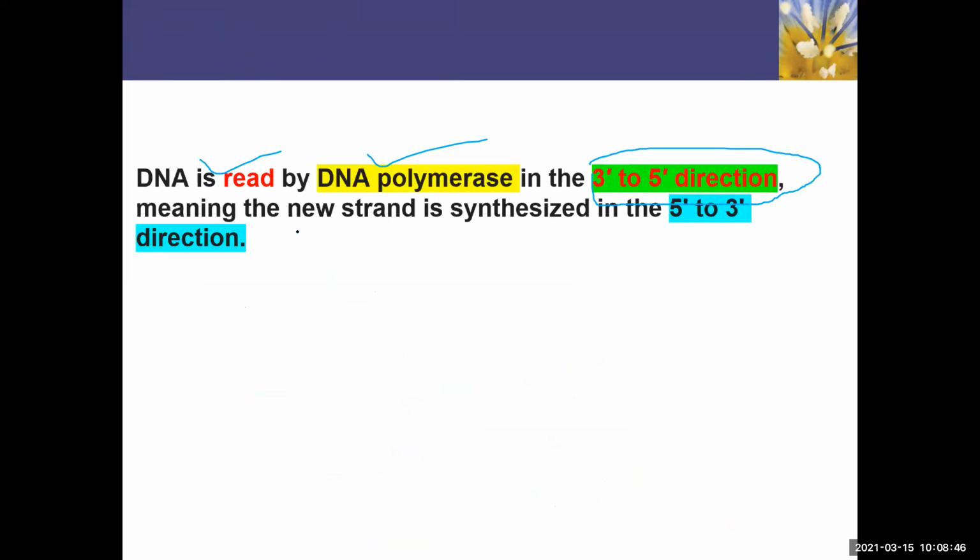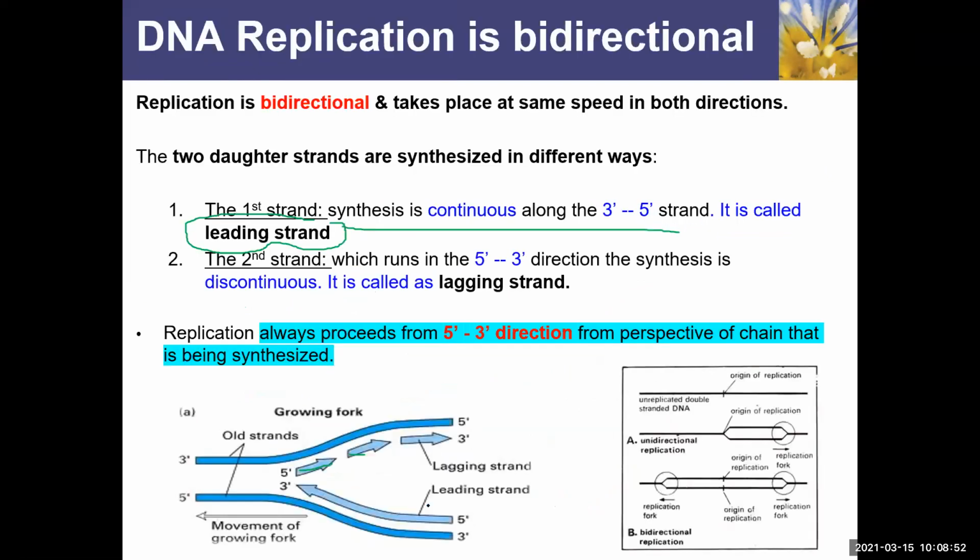That means the new strand is produced only in 5 dash to 3 dash direction, because the new strand has to be anti-parallel. If this is from 3 to 5, obviously the other one should definitely be from 5 to 3, right? Because the two strands are anti-parallel. Same thing here, 3 to 5, and the other strand is 5 to 3, right?